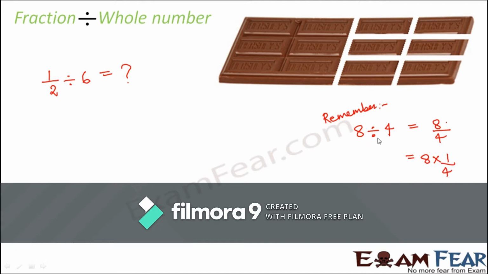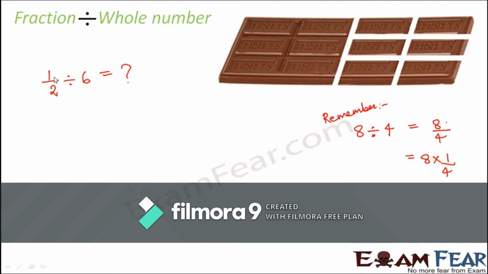So whenever we say 8 divided by 4, it actually means 8 into 1 by 4. So a number being divided by a certain number is the same as the number being multiplied by the reciprocal of that number. That is, 8 divided by 4 and 8 into 1 by 4 is the same thing, right? So we will follow the same logic here also.